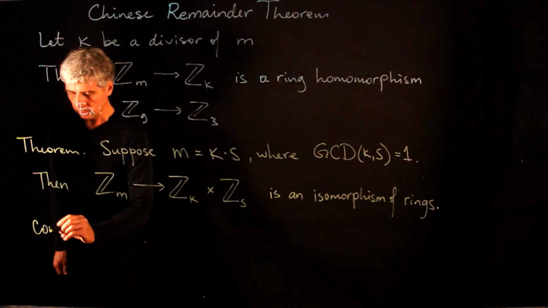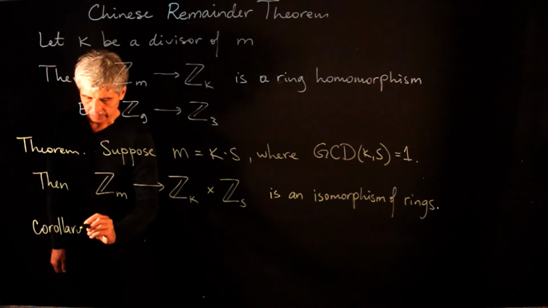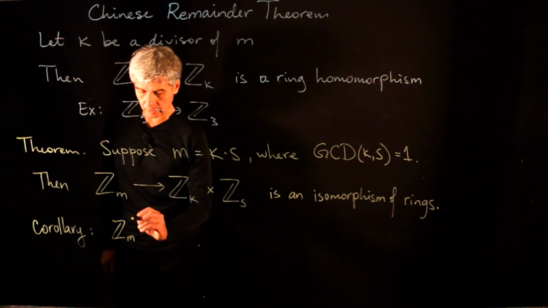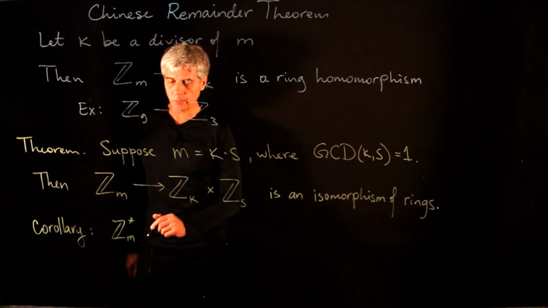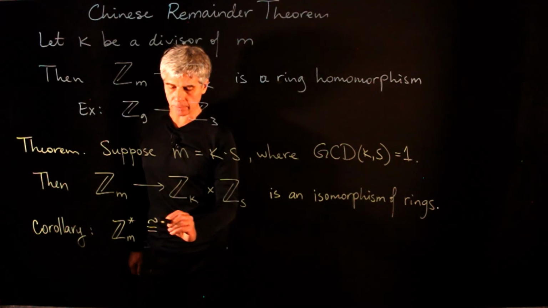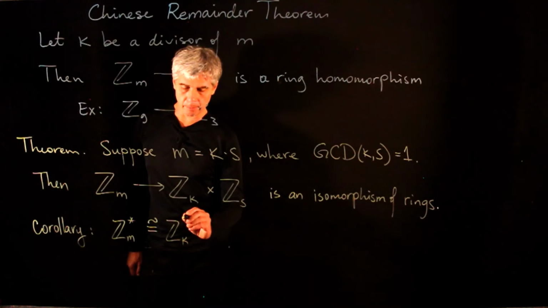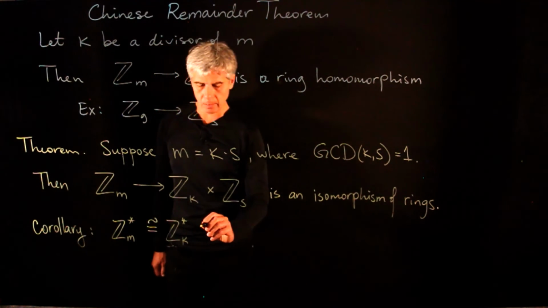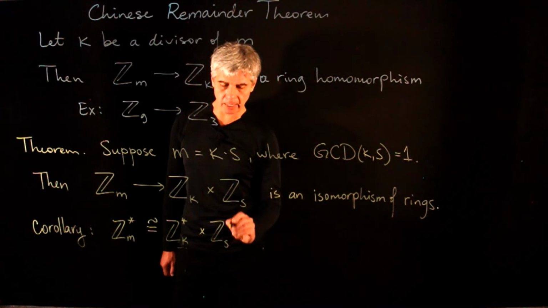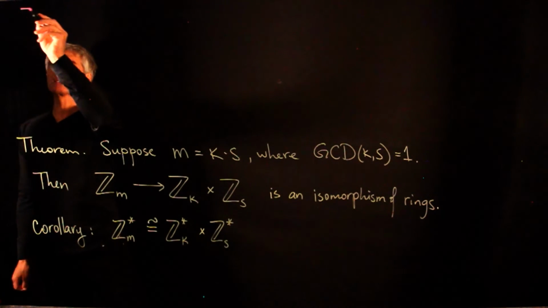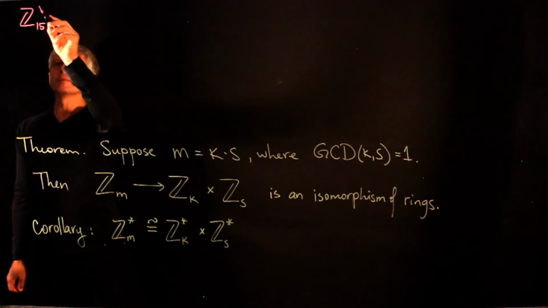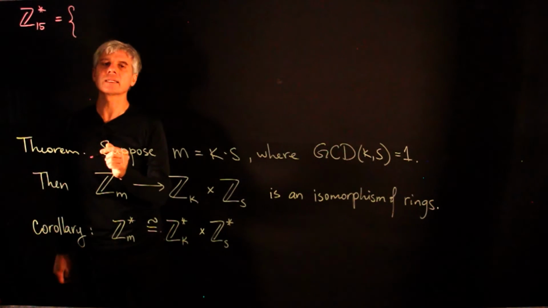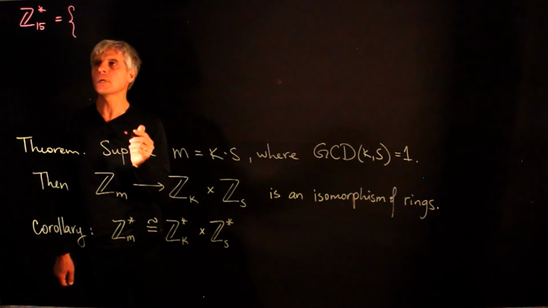As a corollary, we get that the multiplicative group of Zm, the set of invertible remainders, is isomorphic to the product of the group of multiplicative remainders mod K with the group of multiplicative remainders mod S. So let's do an example. Let's consider Z15 multiplicative. It consists of remainders that are co-prime to 15, that is, not divisible by 3 or 5.